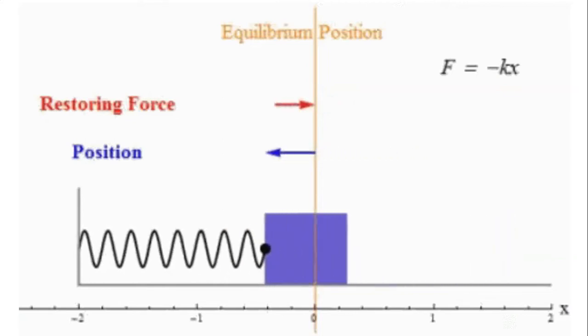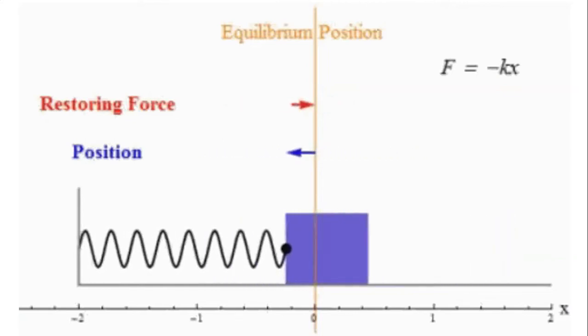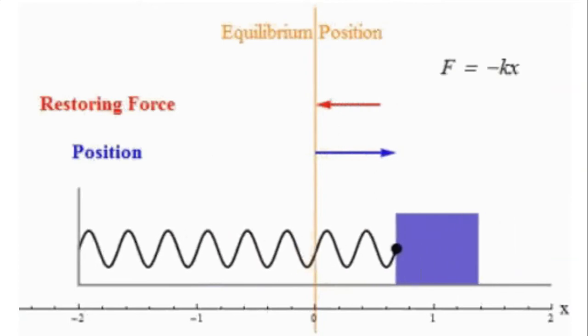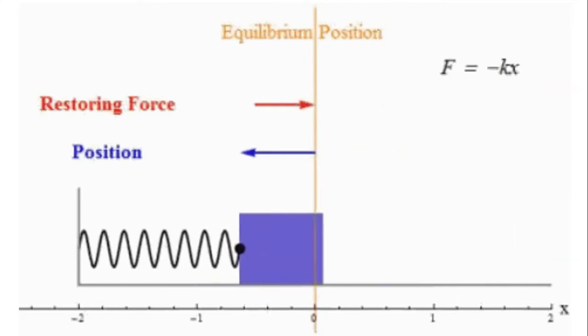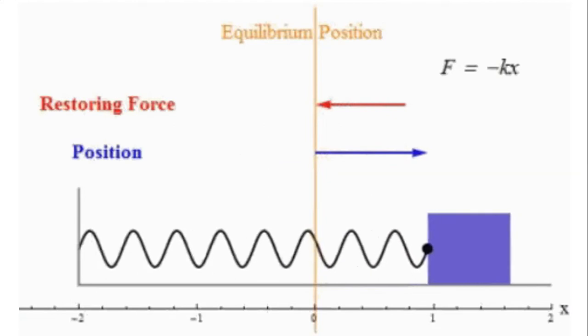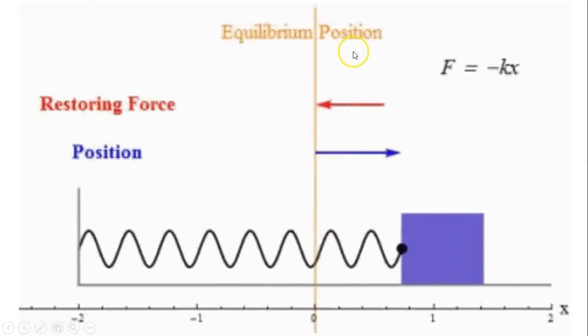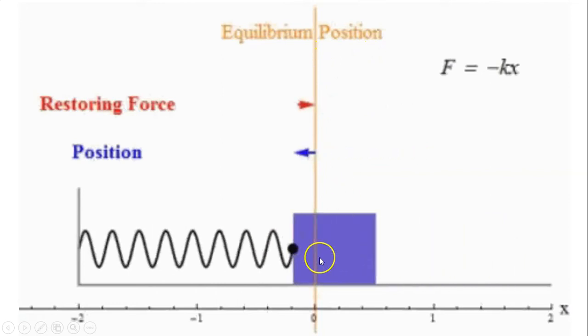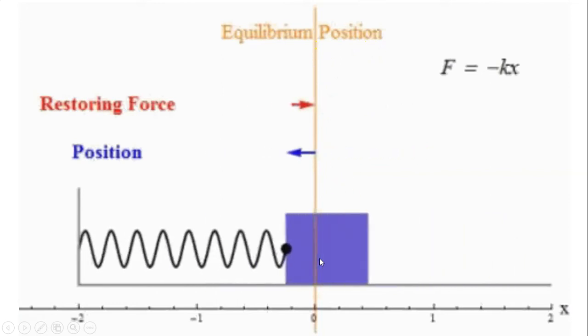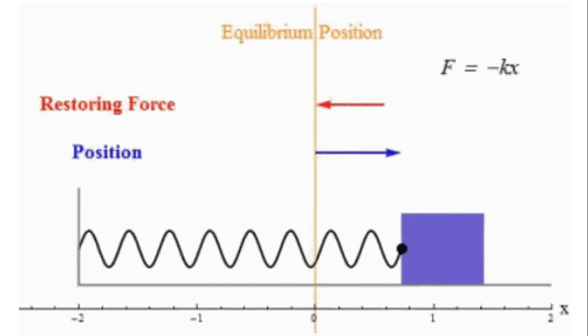Now, this particular graphic here shows you in more detail the features of simple harmonic motion. First of all, these examples have what we call an equilibrium position, a spot in the middle where the object might normally rest.